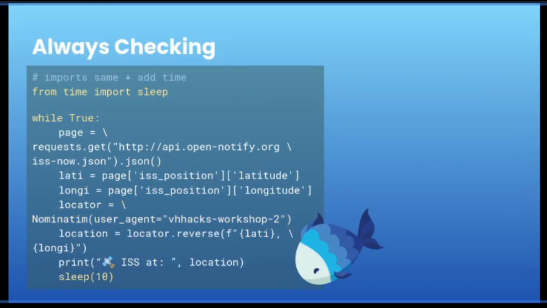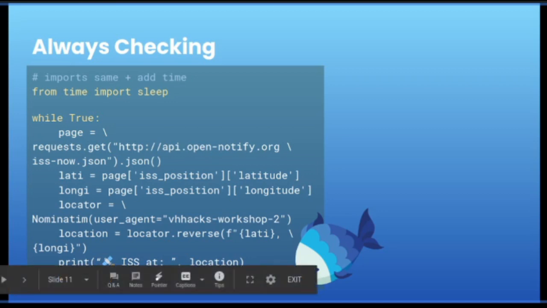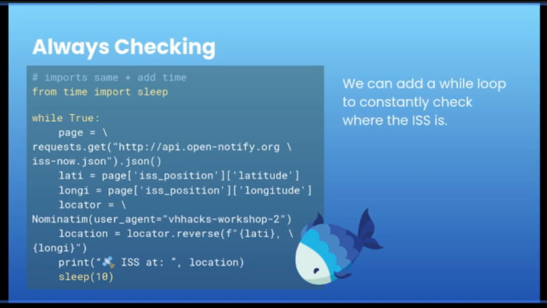Alright, so just again, the yellow lines indicate the concepts that have changed. So we're going to add a from time import sleep, which imports the default time module, which will give you a sleep function. And then we're also going to add a while true loop and then put a sleep right at the bottom for 10 seconds.